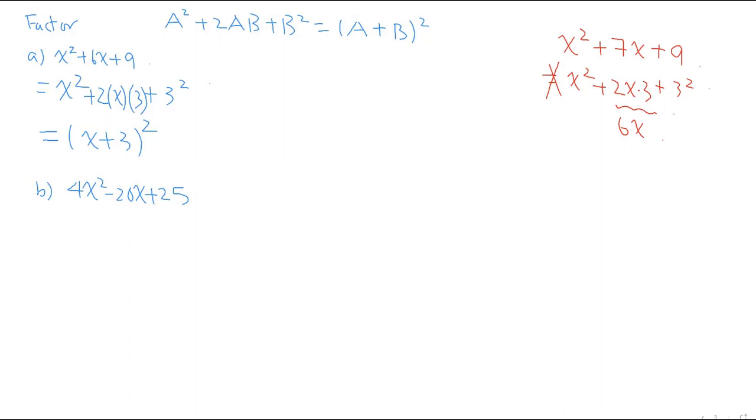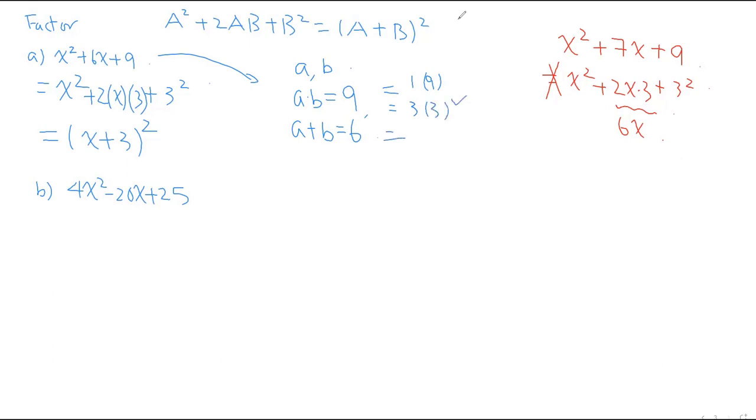But of course, this is a trinomial, and we can use what we learned before to factor this one. For example, we want to find two numbers such that the product equals 9 and the sum is 6. So 9 is either 1 times 9 or negative 1 times negative 9, I'm not going to check the negative numbers here, or 3 times 3.